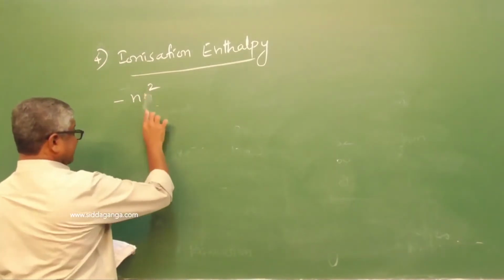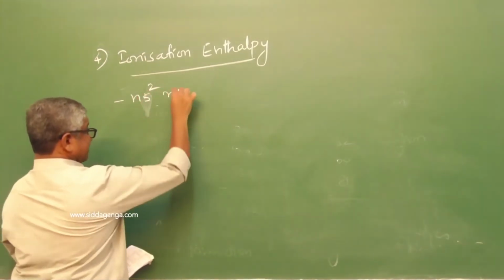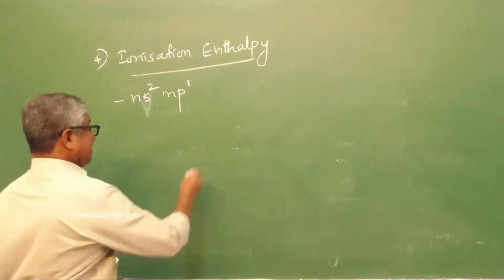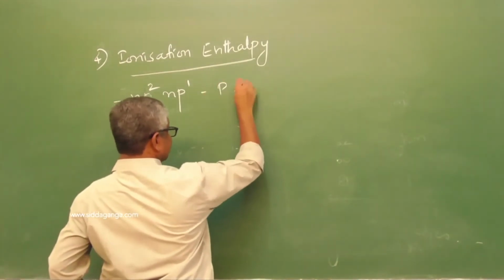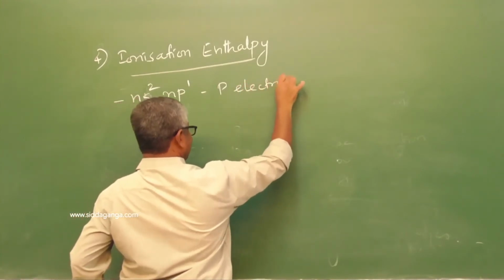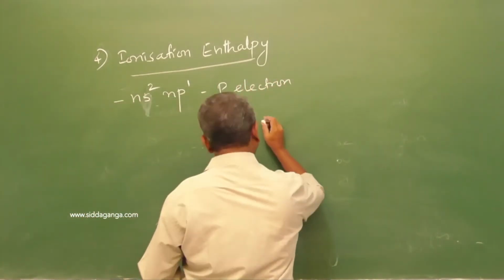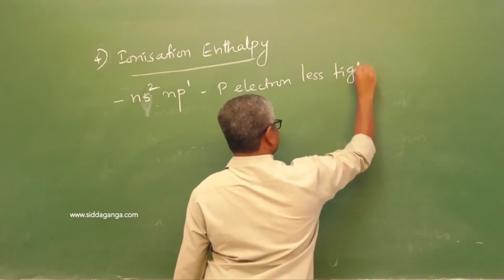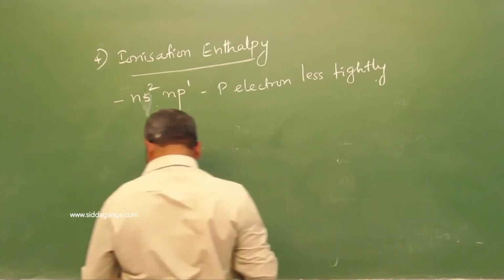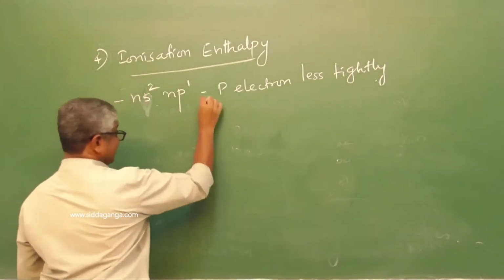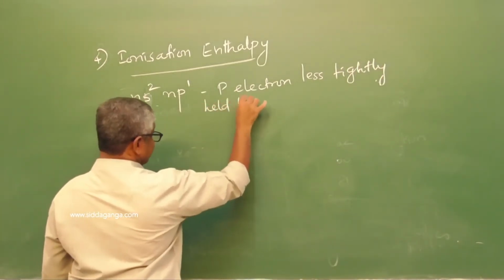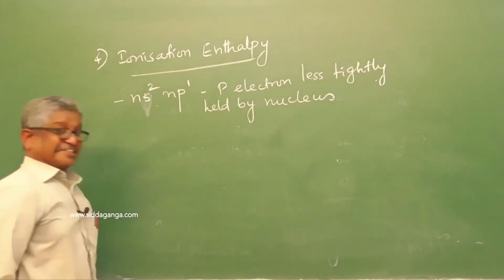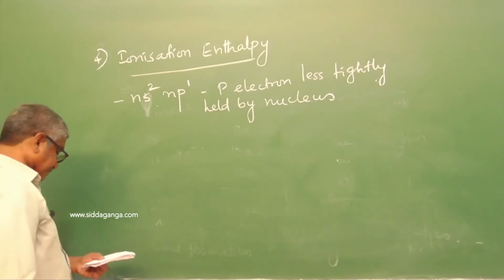ns2 and np1. So these p electrons are less tightly held by the nucleus.